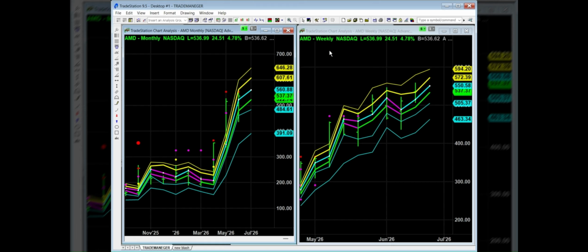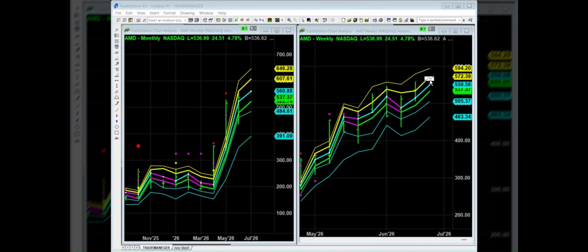So for next week, the fluctuation range is based on the tips of these trend lines. At most, it may have a low probability to reach this $572 at this yellow trend line. If it opens below this blue trend line, $548, then it has a potential to pull back, to drop.